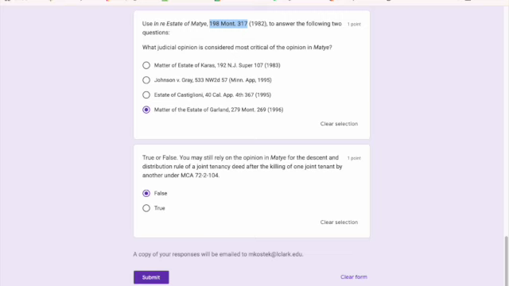So when we look at the question, true or false, you may still rely on the opinion, false. So this is exactly what that case was overturned on, or overruled on. So those are the questions, and that is how, if you have a similar question on the quiz, you should go about looking for answers.